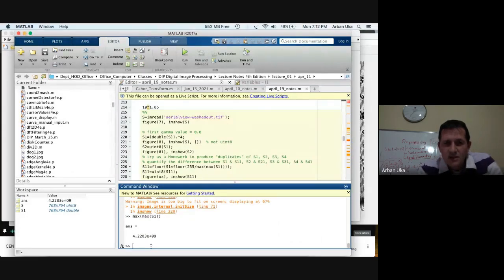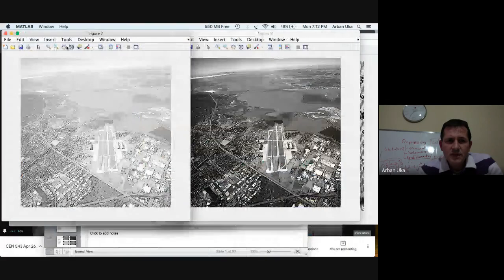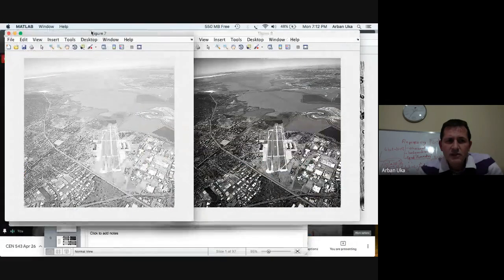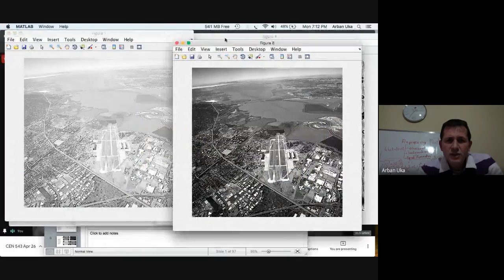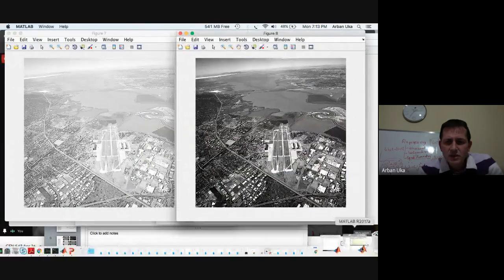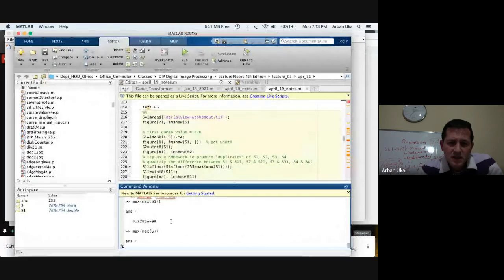This is huge, okay? Because the maximum value for image S was 255. If we raise 255 to the power 4, it's going to be very high intensity, something like 10 to the power 9.